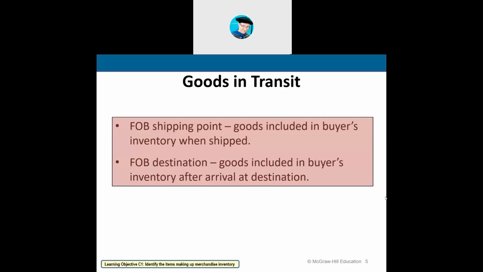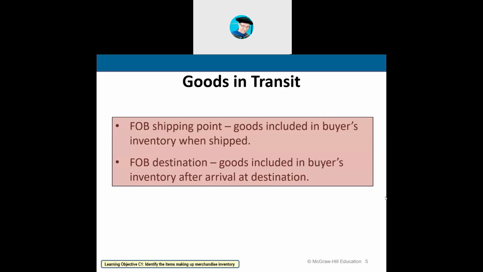So, free on board shipping point, the buyer pays for it directly. They pay the postage directly, right? So let's say UPS is the shipper between the buyer and the seller.